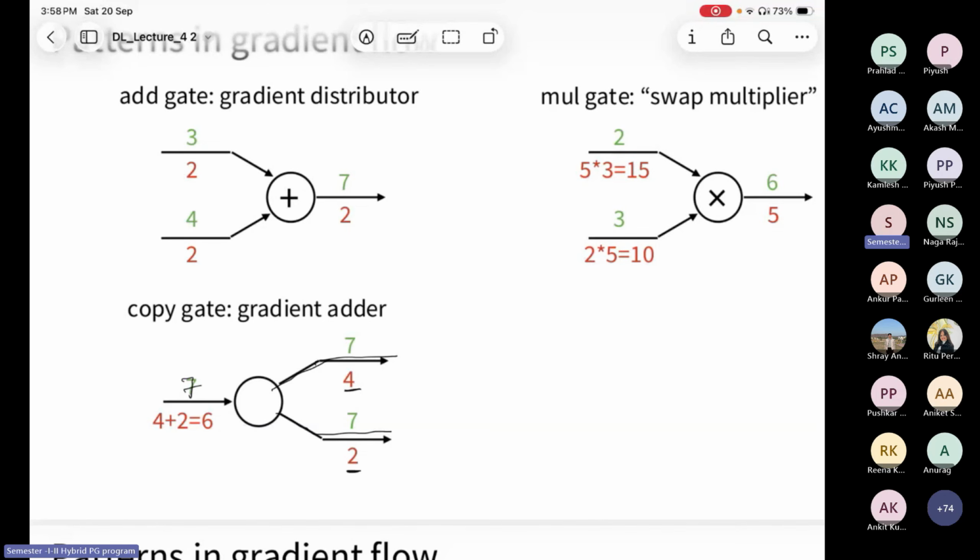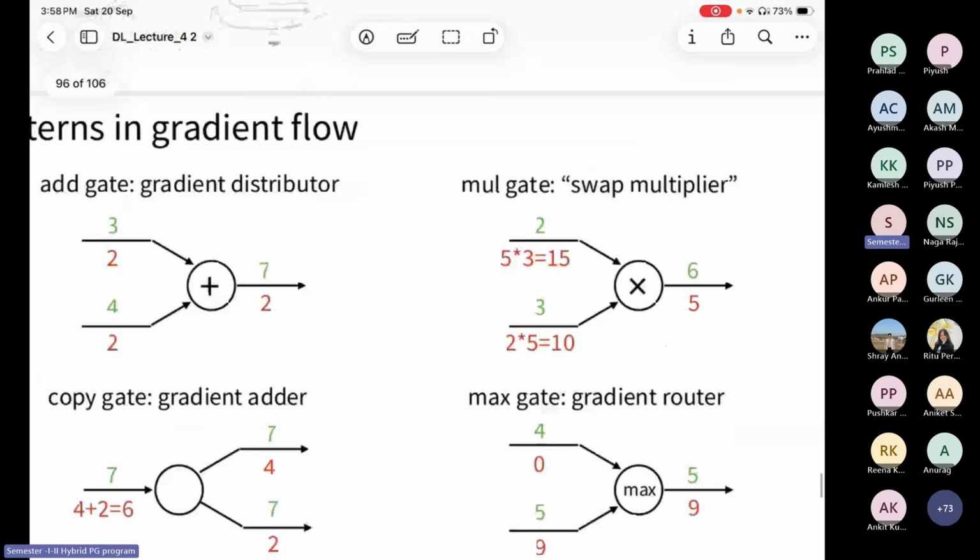And now you have to find the gradient of the final thing with respect to this. So what we'll do, we'll just add this 4 and 2. Because I know that both are copies of the same value, same variable only. So whatever gradient I'm getting from this side and whatever gradient I'm getting from this side, just add these two gradients, and that is the total gradient of the final variable with respect to this. Okay.